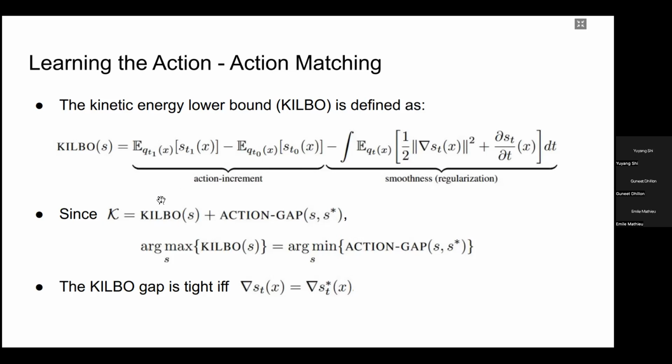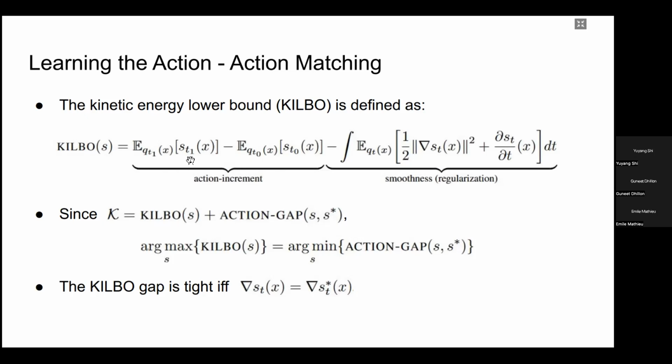The first two terms are sort of interesting because you get the increment of the action between time t1 and t0. So this term can be seen as: we want to basically maximize the action maybe at time t1 so that the samples will move to qt1 at time t1.